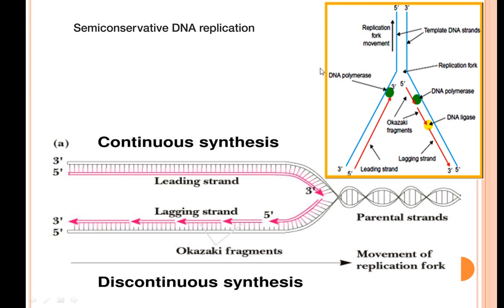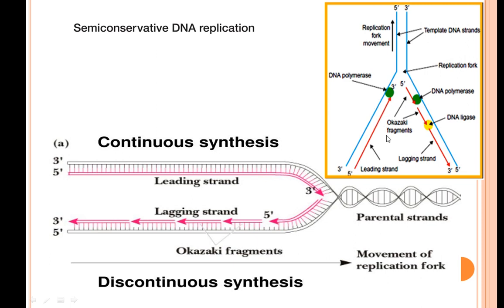DNA dependent DNA polymerase catalyzes polymerization only in one direction, that is 5' to 3'. Here also you can see 5' to 3'. This is the template strand, and here the polymerization reaction is occurring, that is, the newly synthesized strand is being formed on the template strand.